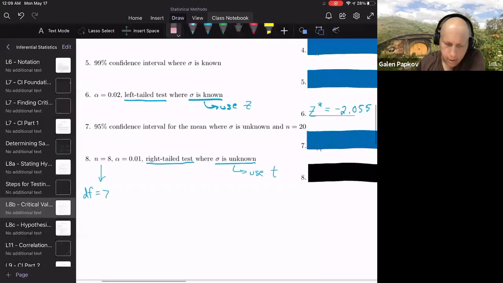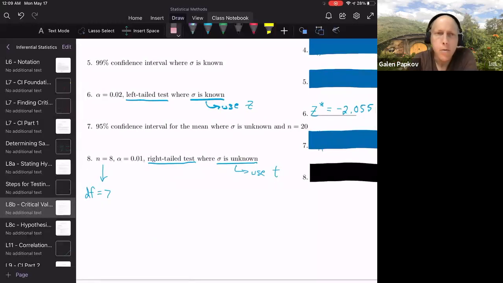For 8, here we have a sample size of 8, alpha is 0.01. We're doing a right-tailed test where sigma is unknown, which means we want to use the T table with 7 degrees of freedom, and we are not cutting alpha in half. So we're looking under the 0.01 column, 7 degrees of freedom row.